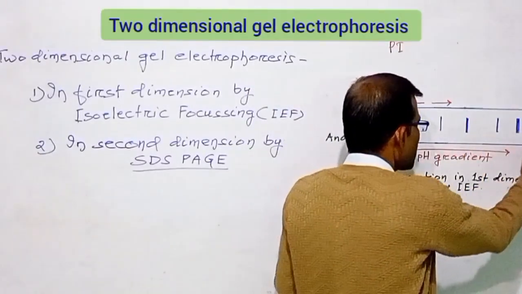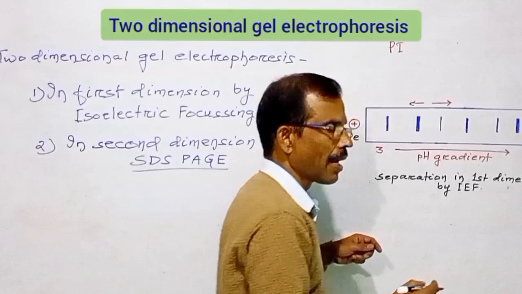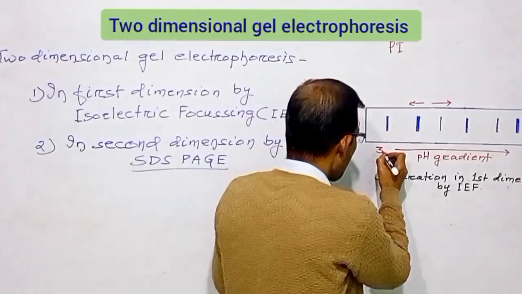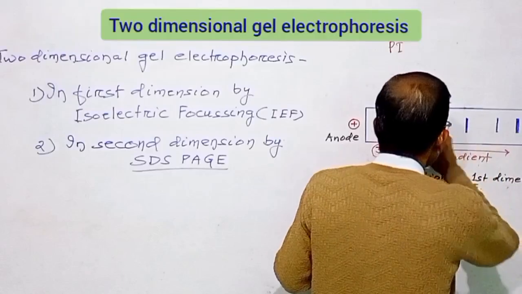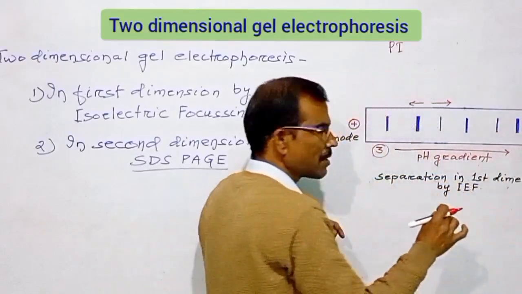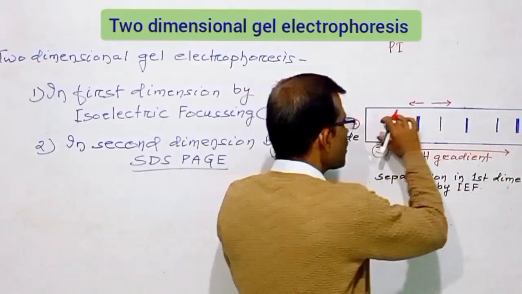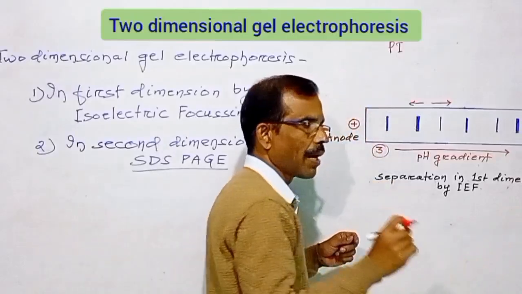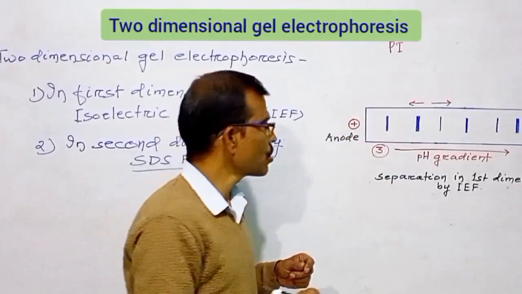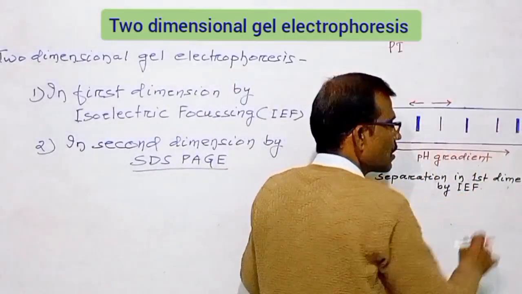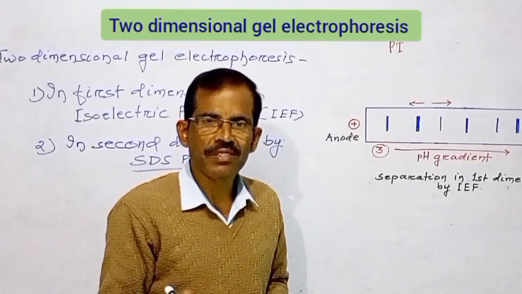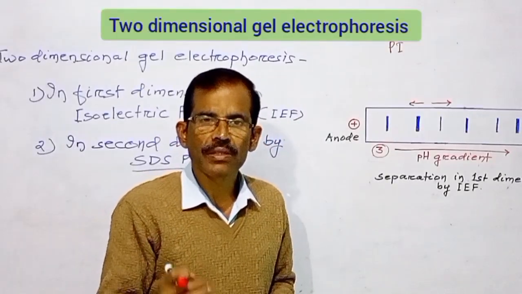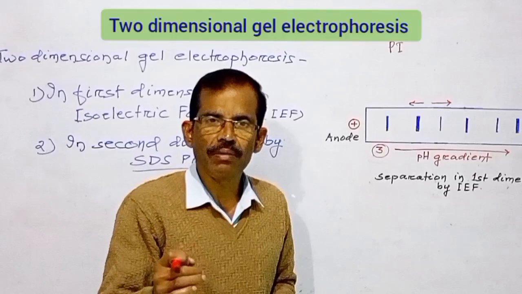The pH gradient is stable and it ranges from pH 3 to pH 11. This pH gradient is created in a polyacrylamide gel by electrophoresing a solution of ampholytes. The isoelectric points of most proteins range from pH 3 to pH 11.